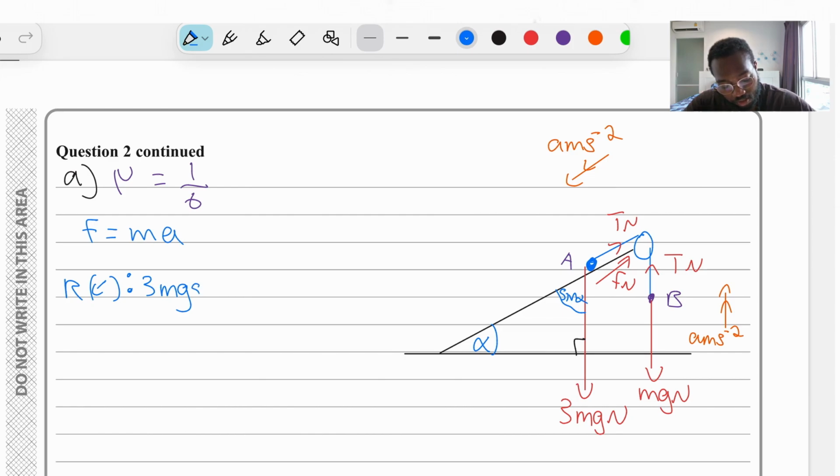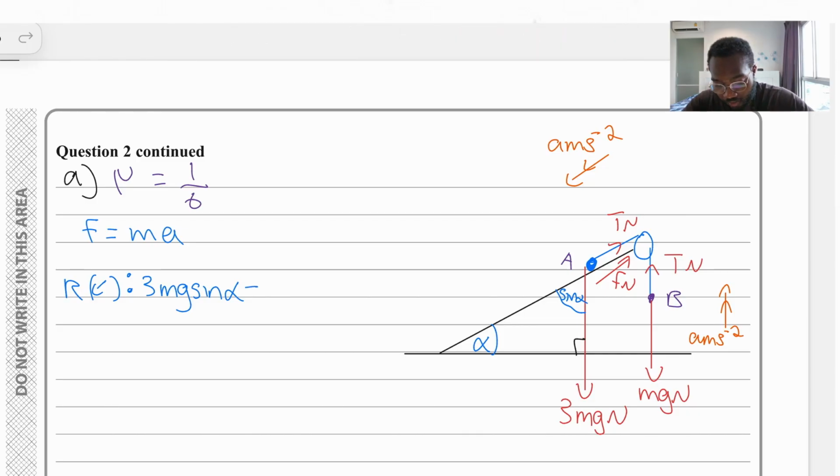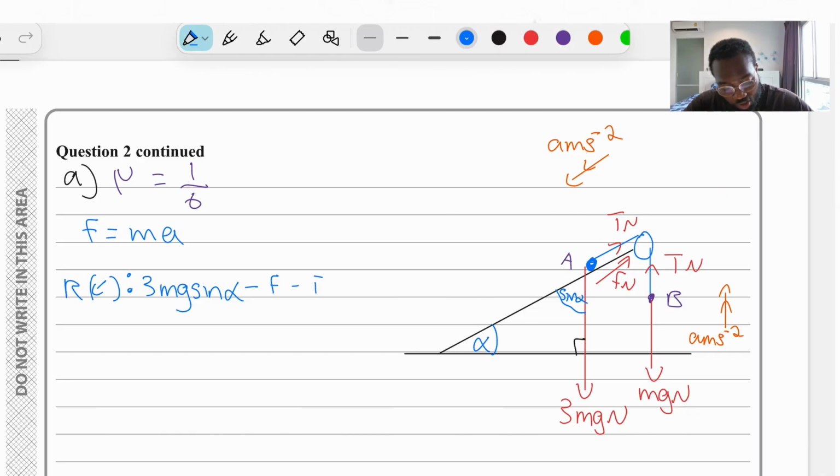Then minus the frictional force here, and we also have the tension T. They're both going in the exact same direction, against the motion. That is equal to mass times acceleration. The mass is 3m, and a is the acceleration.